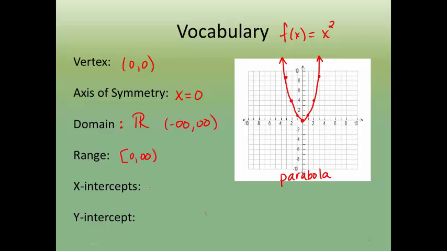So this is where you may have to find different methods of calculating this, but it is where it crosses the x-axis, so you're looking for that location. And the y-intercept, again, in this case happens to be the vertex, but it's a special case. So this is also where it crosses the y-axis. So we'll talk about those as we move forward.